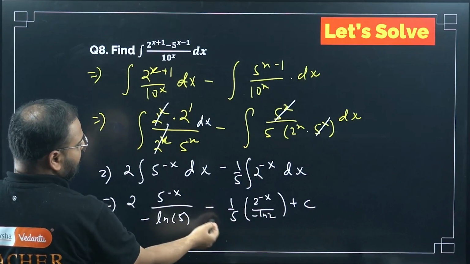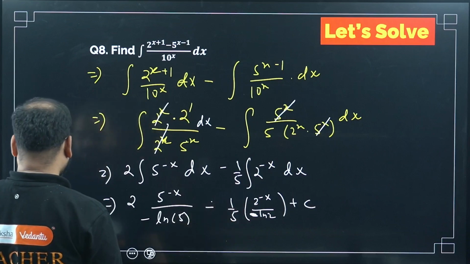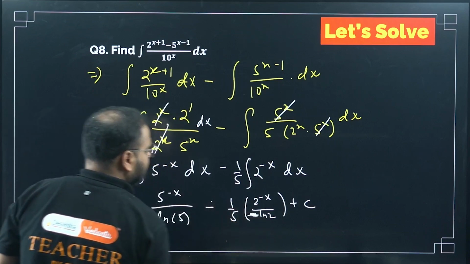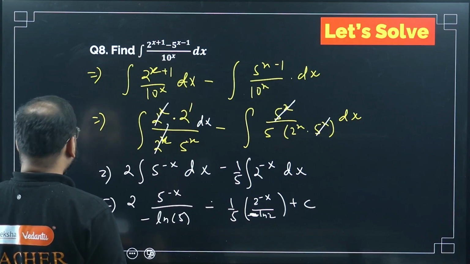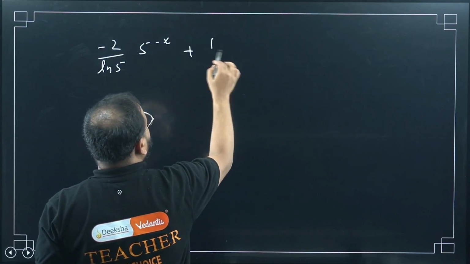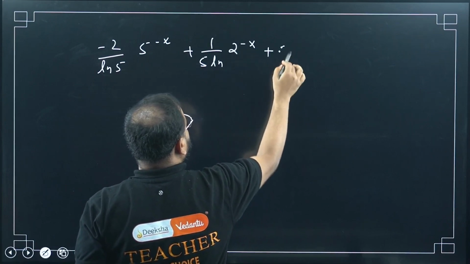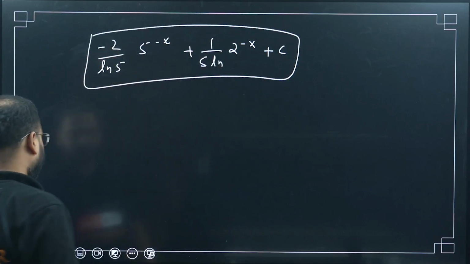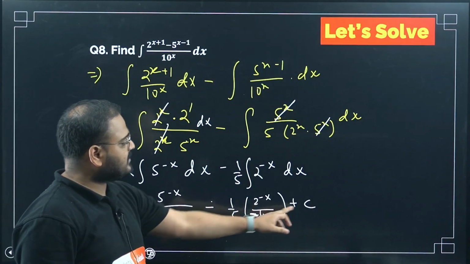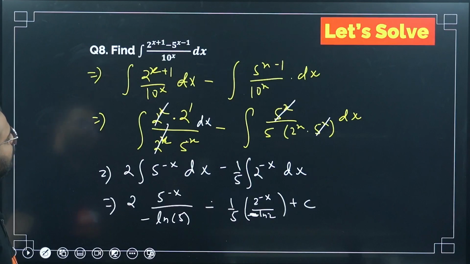This minus and this minus will become plus, so I'll get 1 by ln 2 times 2 power minus x plus c. This is my answer. Same thing I've written here. I hope this is visible to you.